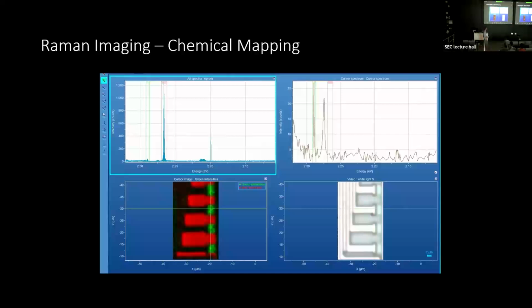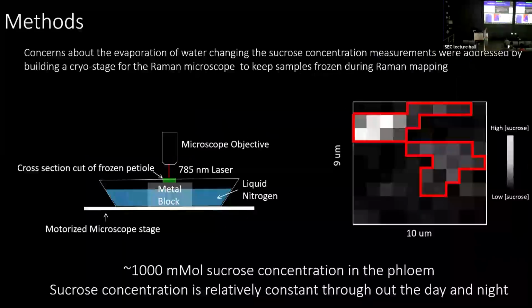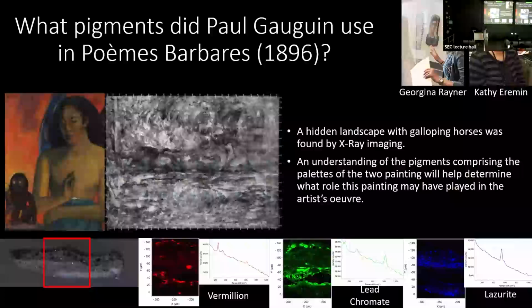And then the smaller peak in green, with the green cursor around it, we color code the intensity of that peak in green. So say this is where the aluminum oxide is. That's the same process that we did with the pigments. We're just using this information about what the peaks correspond to, to map out where the pigments are.